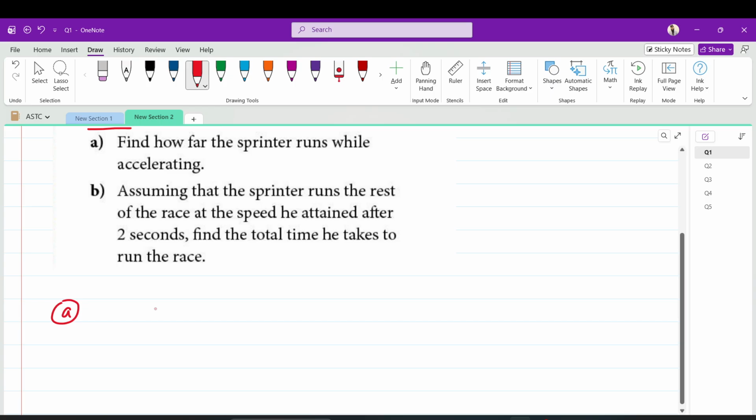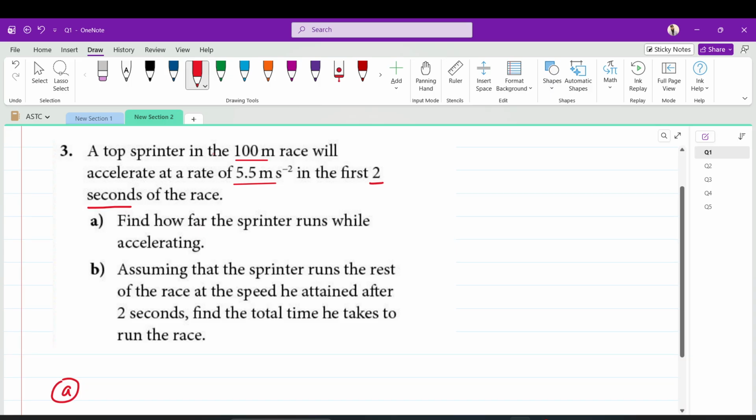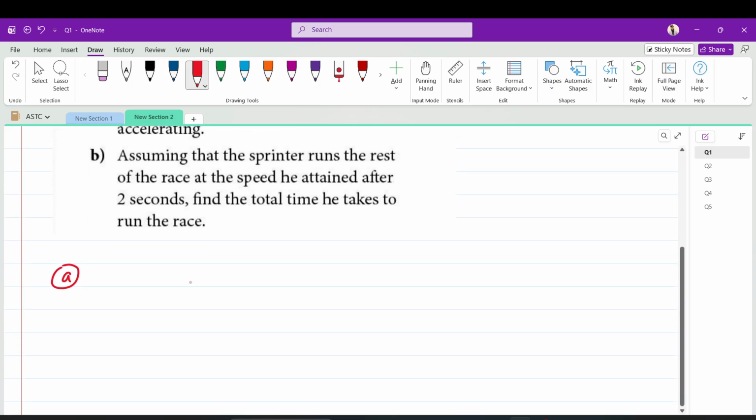So in this question, we need to find out how far the sprinter runs while accelerating. Because the total distance is 100 meters, we need to know how much distance was covered in the first 2 seconds. If I just draw a quick diagram to represent the exact situation, this is point A, which is your starting point, and this is point B, the ending point.